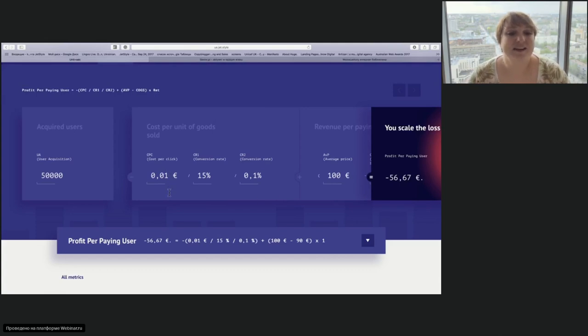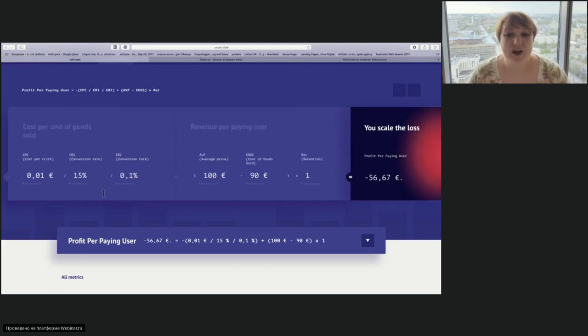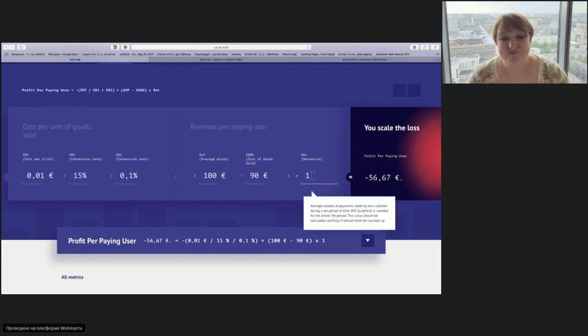So actually, what has happened? First of all, let's state the same part of the formula. But first of all, we understood that those school kids who came to us a second time very dramatically changed the retention rate.